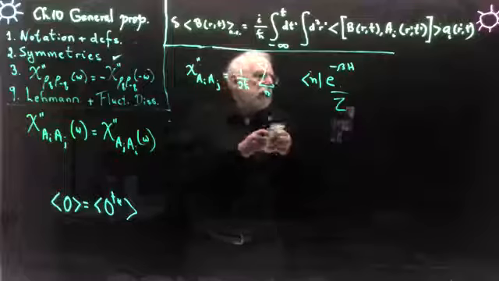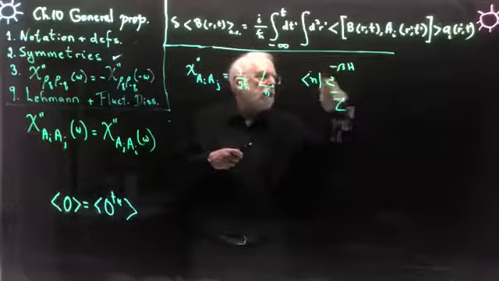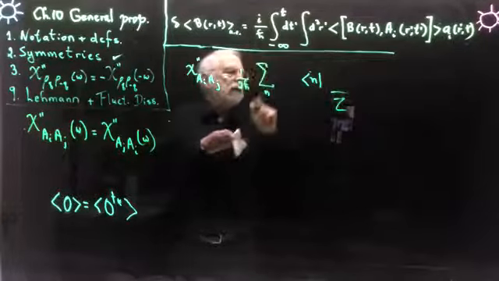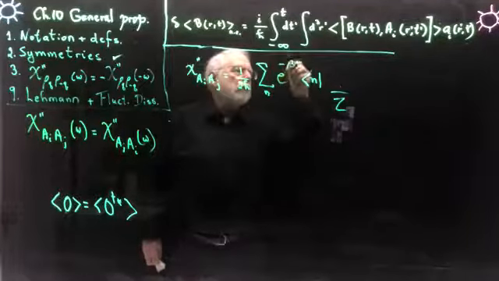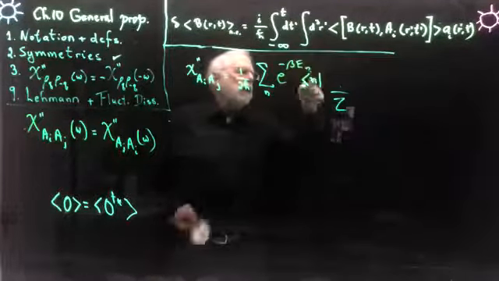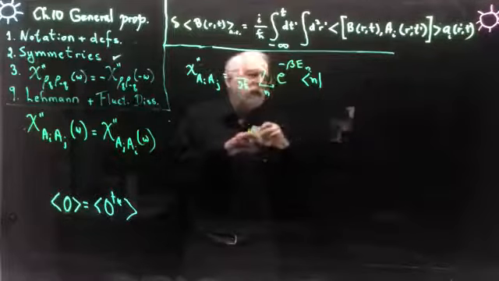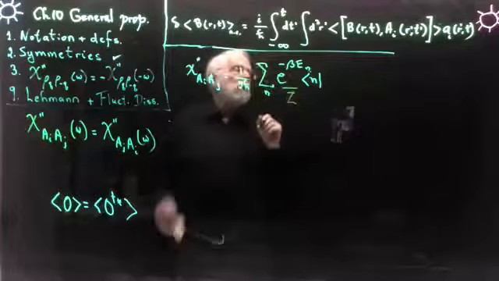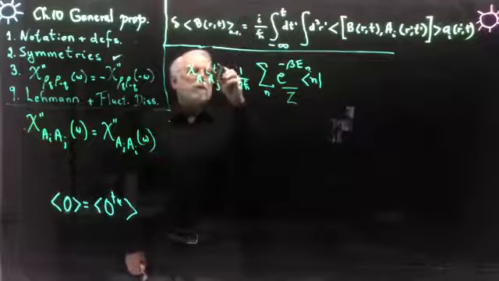So if these are energy eigenstates, then I know what the action of H on this is. So I can immediately write this as e to the minus beta times the energy of that state n, and we take the Z here. Now this is a function of time.